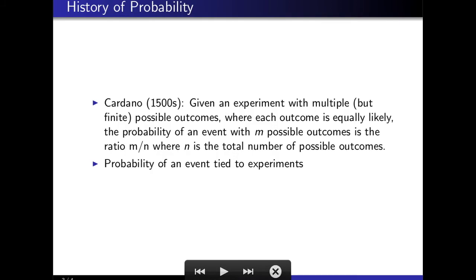So, for example, suppose that we want to ask what is the probability of drawing a spade from a deck of 52 cards? We shuffle our deck, we draw out a card, we have 52 possible outcomes, and the probability of drawing any one card is the exact same as drawing any other card. So in that case, we would have 13 ways to draw a spade out of 52 possibilities, so it would be 1 in 4.